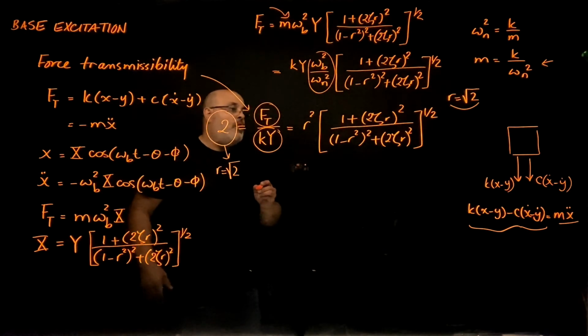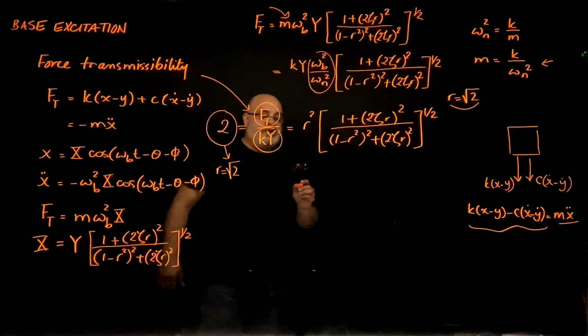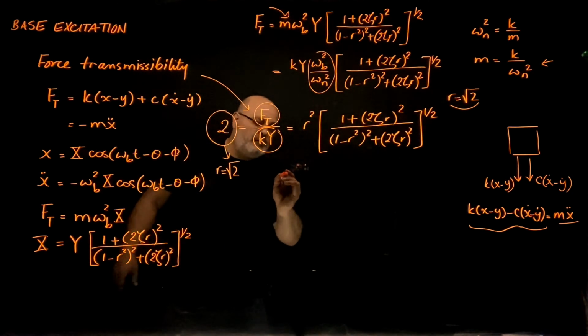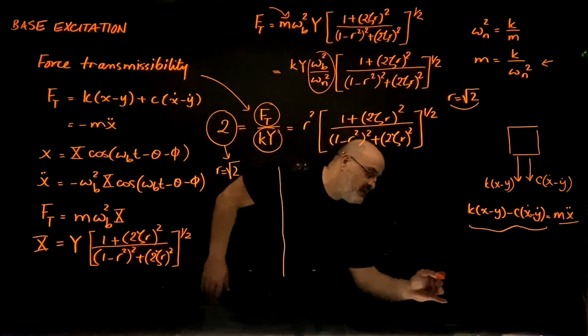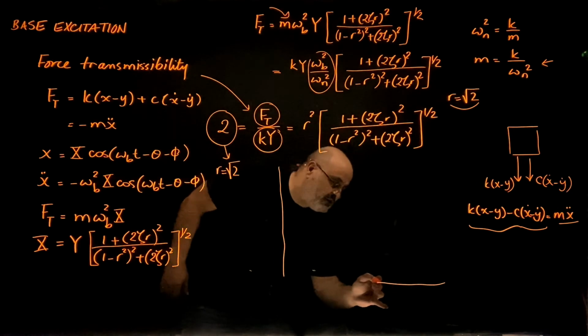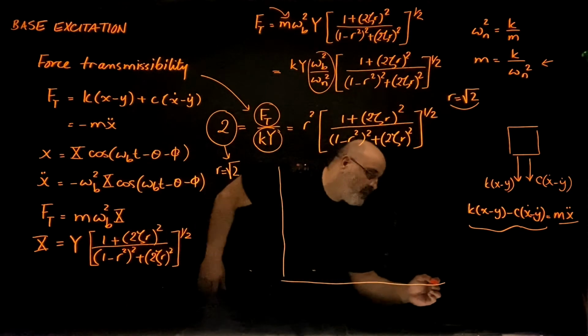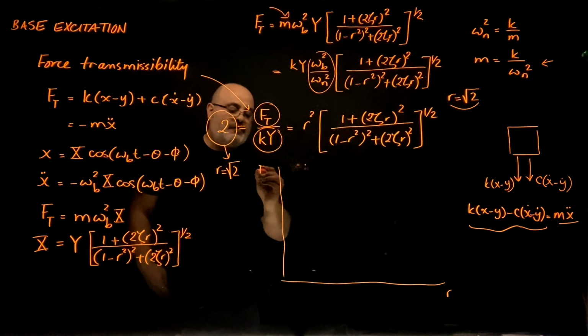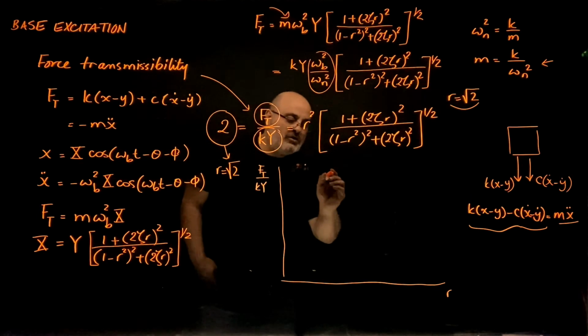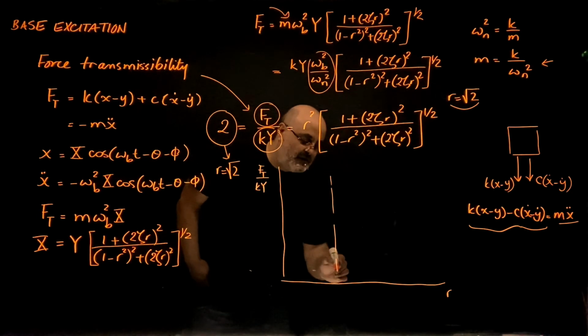which was 1. So now, if I plot this force transmissibility, F t divided by k Y, versus the frequency ratio r, I will notice two things.